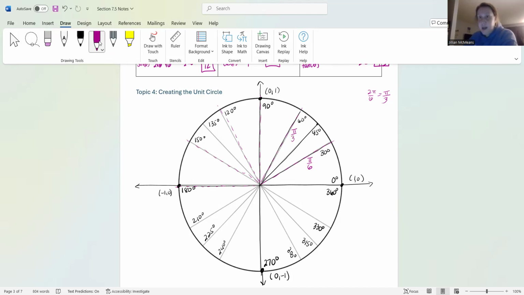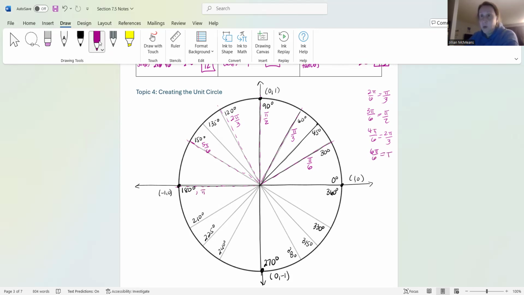And then if we get to 90 degrees, that's really 3 pi over 6, which simplifies to pi over 2. And then if we go one more, that puts us at 4 pi over 6, which simplifies to 2 pi over 3. So this is 2 pi over 3. Now we're at 5 pi over 6. That one doesn't reduce, so this is just 5 pi over 6. And then finally we get 6 pi over 6, which we know and love as just pi.